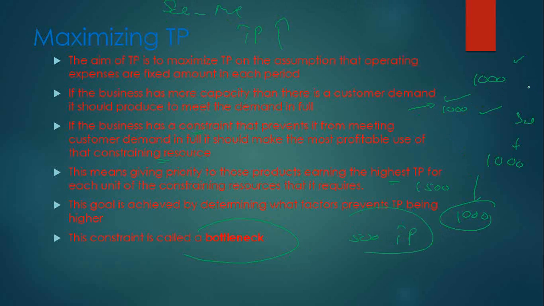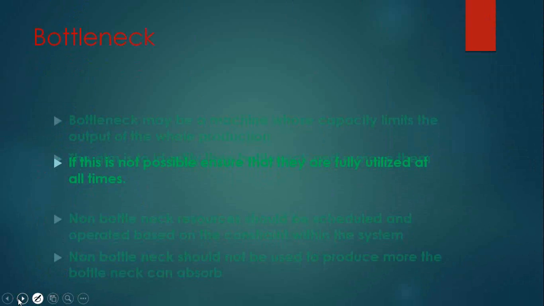But if the demand is 1000 and if the capacity is 800, look at what is going to block you. And that is what we call the bottleneck, and that bottleneck we must try and maximize. So we are going to look at how to maximize the bottleneck. If this is not possible, ensure that they are fully utilized.